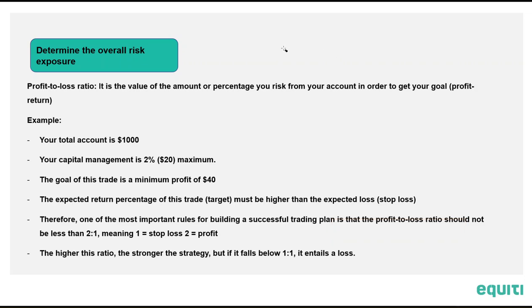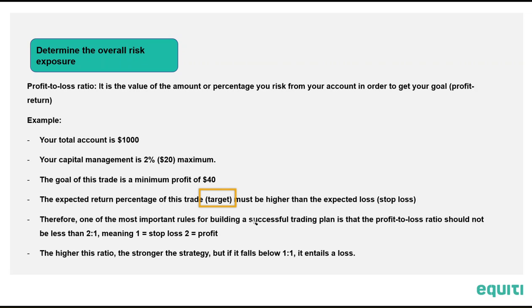Now, profit and loss ratio is the value of money or percentage you risk from your account in order to reach your goal. So another clearer example: let's say your account is $1,000 and your capital management is 2%, which is losing $20 at a maximum. The goal of the trade is a minimum profit of $40. You want to make a profit of at least $40, and the expected return percentage of this trade, your target, must be higher than the expected loss.